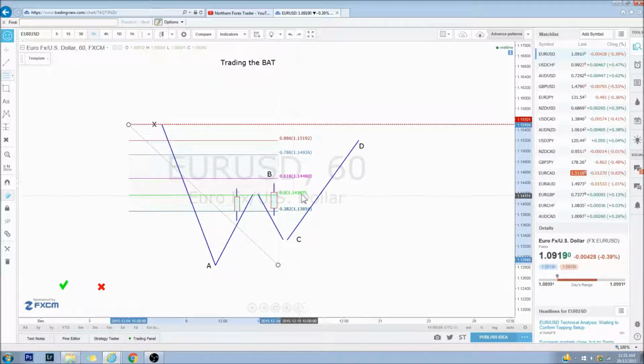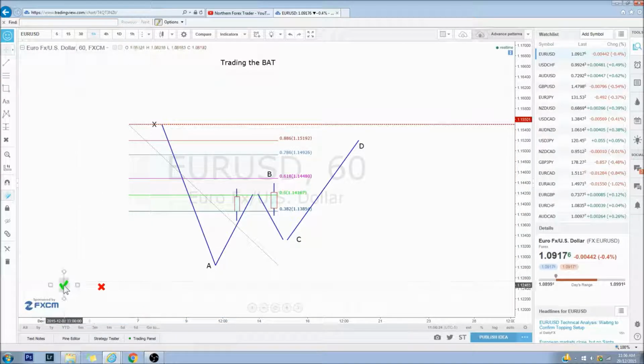Now the bat is going to concentrate on the 50%, not the 618, but the 50% line. And what we need is the wick to pass or touch the 50% line. Now, it can go beyond the 50% line, but the rule is the candle must not close above the 50% line.